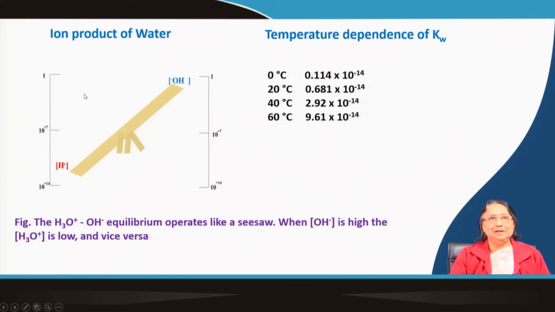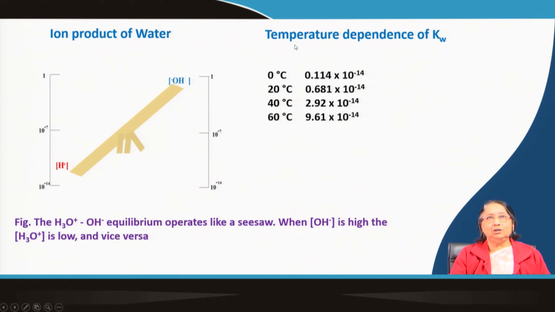But you can see the scale here, this is 1 and this is 10 to the minus 14. If the OH- ion concentration is 1, then the H+ ion concentration must be 10 to the power minus 14.